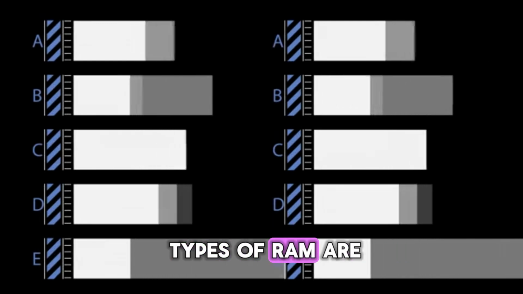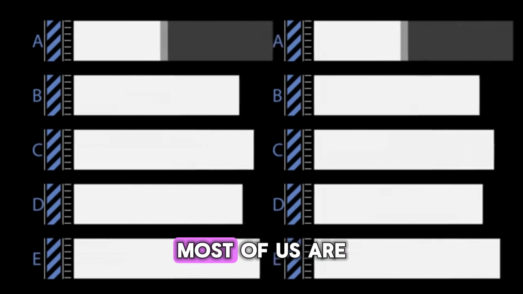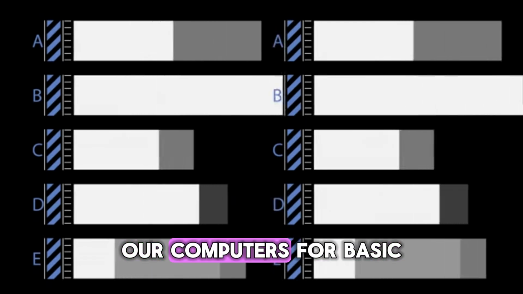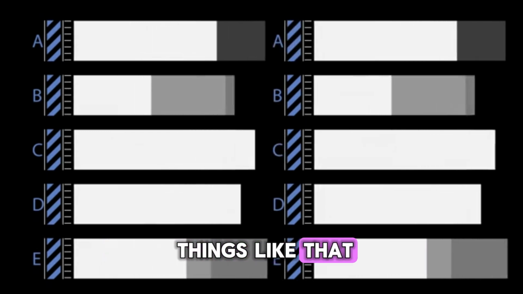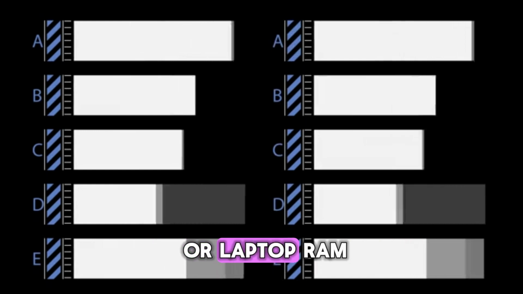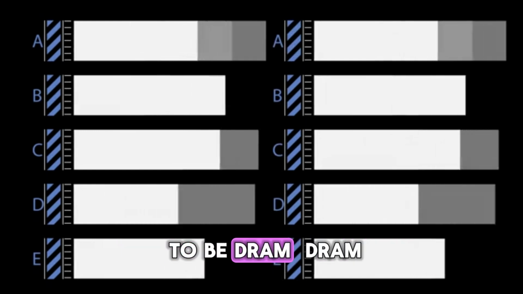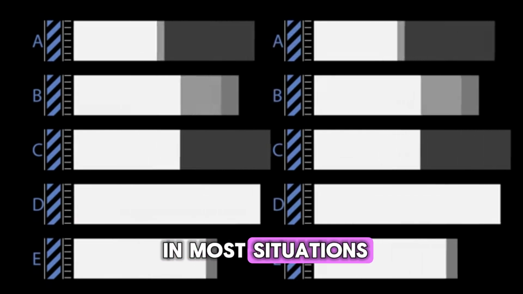All those different types of RAM are really designed for specific use cases. For example, most of us are just going to be using our computers for basic things like browsing the web, using Microsoft Office and things like that. For those people, we're probably just going to be using desktop or laptop RAM, which is typically going to be DRAM. DRAM is cheap, reliable, and works well in most situations.